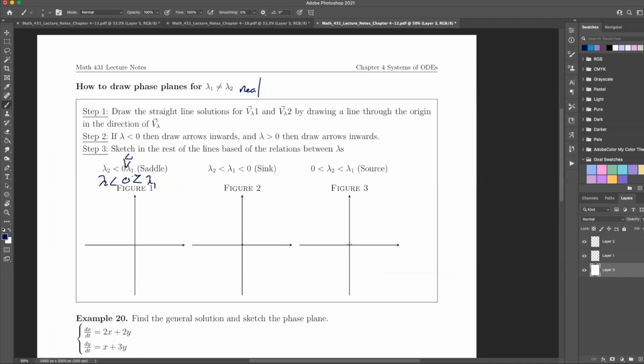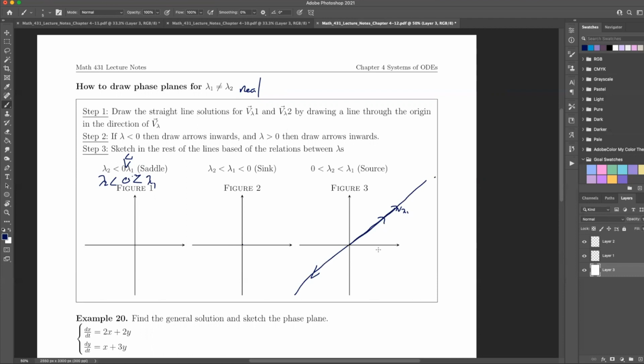So here, let's pretend we have one that's going this way. Here we have v lambda 1, and it points this way. Since it's positive, we're just pointing out. Then I'm going to make a straight line that goes all the way through it. So this will point out, this will point out.